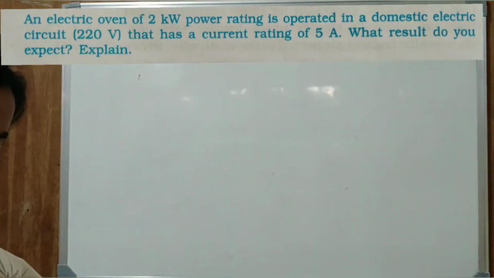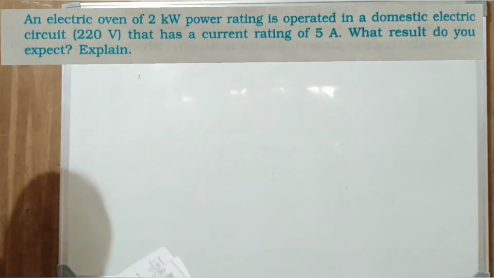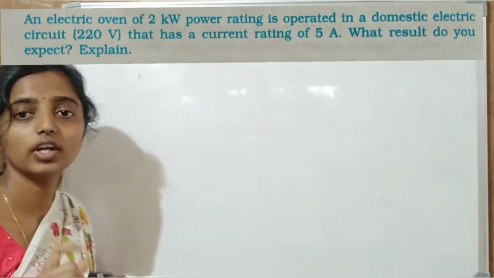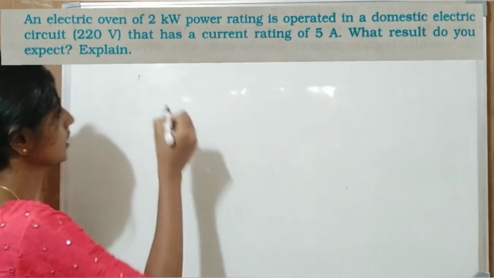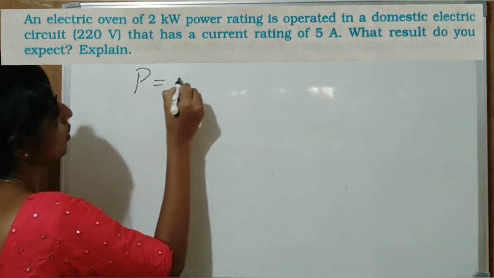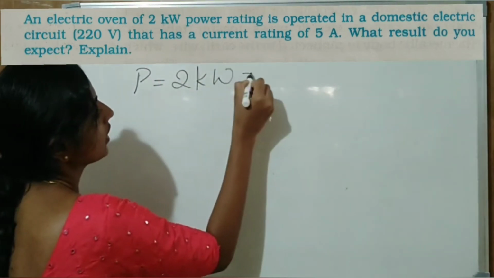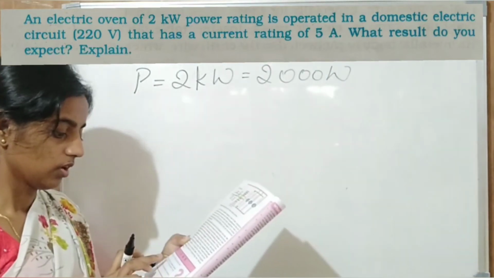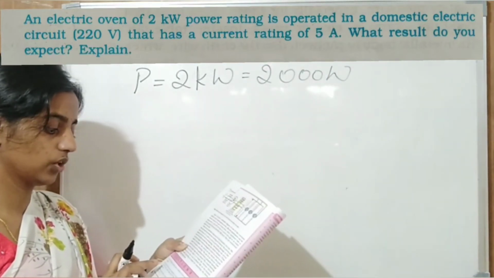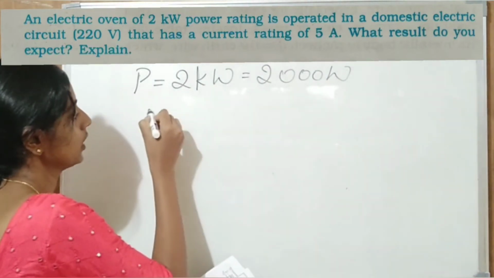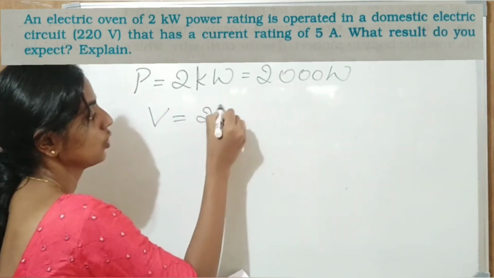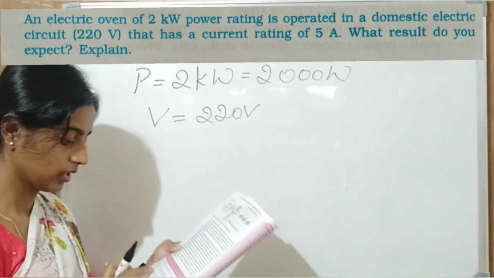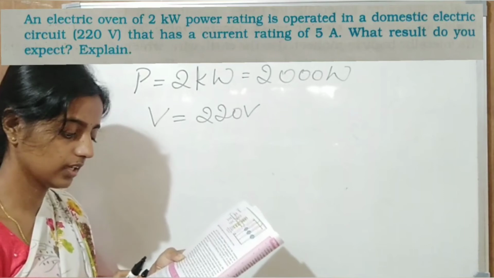See, an electric oven of 2 kilowatt. Watt is the SI unit of power, right? So 2 kilowatt, kilo means 2000 watt, rating, operated in a domestic circuit, and given that the potential difference is 220 volt. The circuit has a current carrying capacity of 5 ampere.